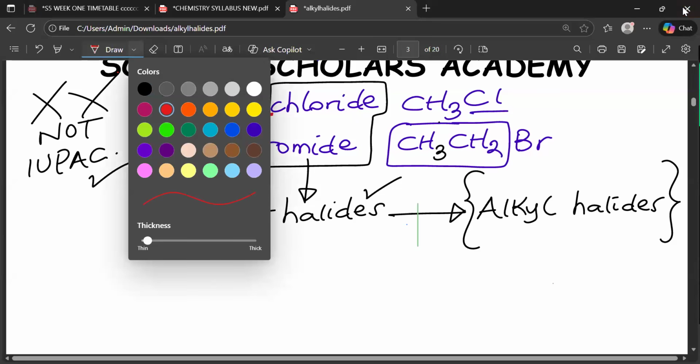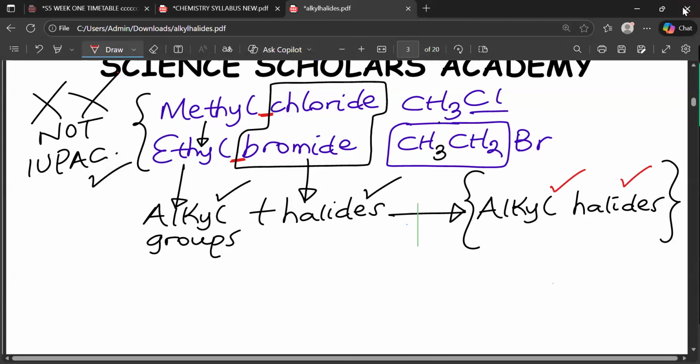It's alkyl halides for reasons I've given you: you can have an alkane like methane reacting with chlorine in the presence of UV light. So you find yourself having the alkyl group, the methyl or ethyl, attached to the chloro, bromo, iodo groups. When those two react, what we form are what they call halides, and these halides are the same as halogen compounds.